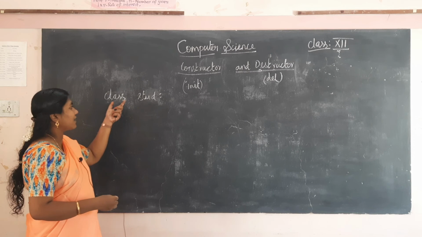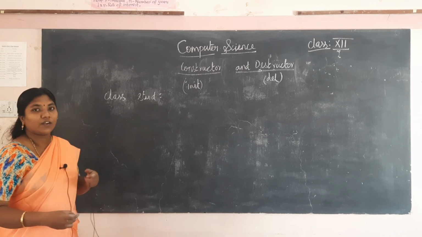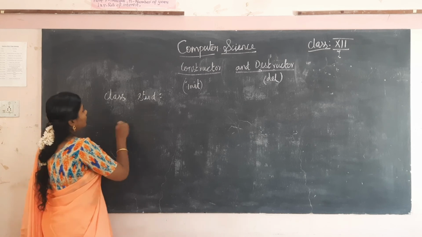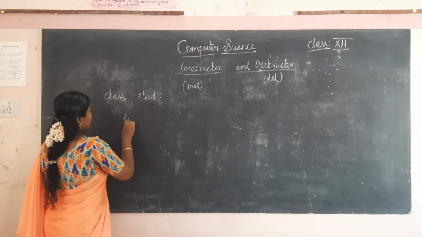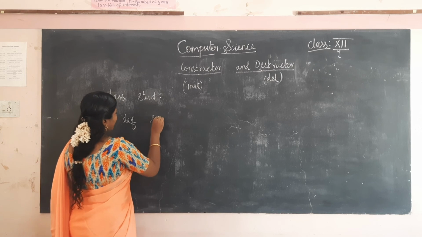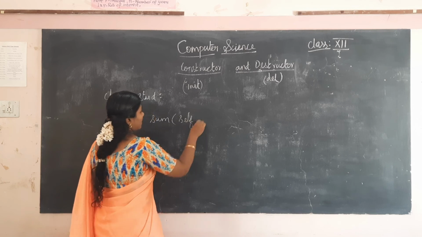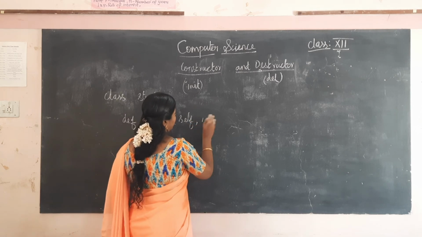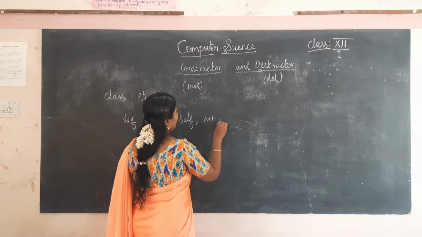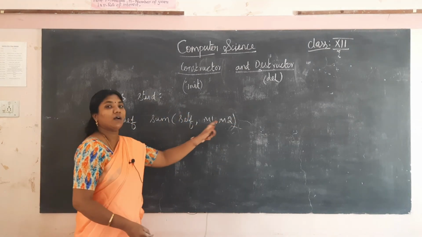Then I define a function sum, with self, m1 and m2, so I am going to get two values, m1 and m2.